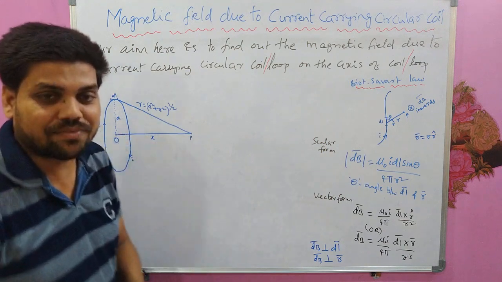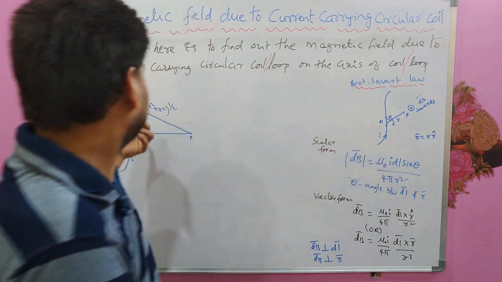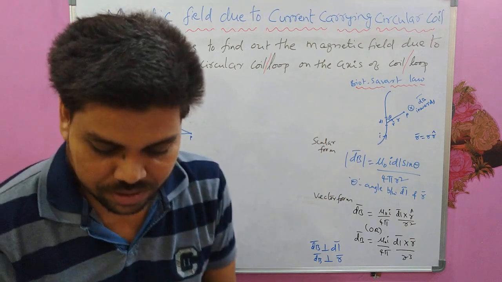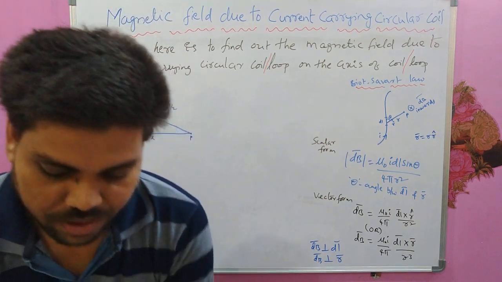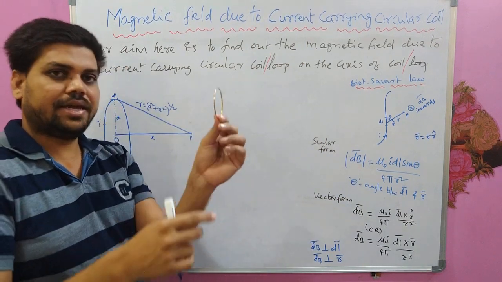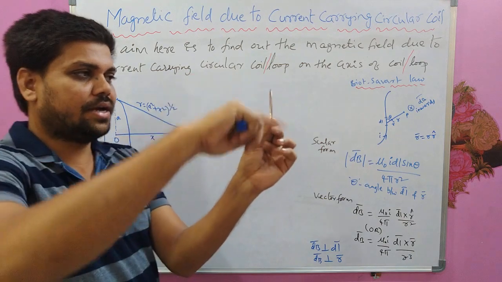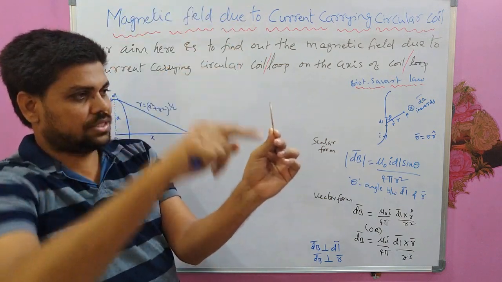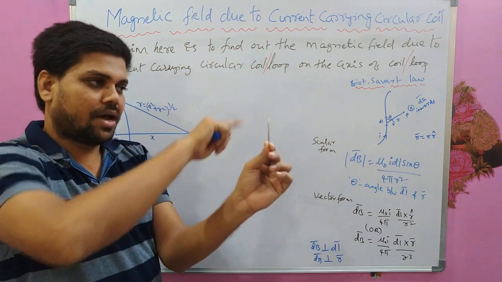So what is the angle between dl and r? This is going to be crucial here. How to find out the angle between dl and r? So again imagine this is a current carrying coil, and current is flowing from this side to this side in the clockwise direction, as I am showing here.